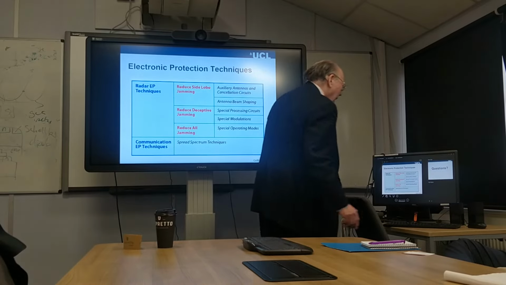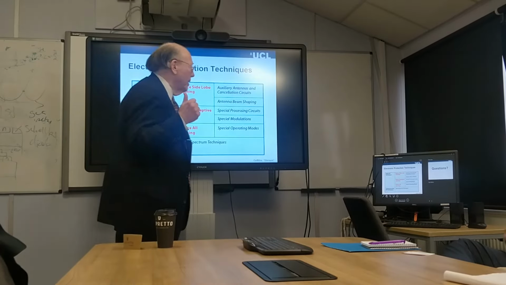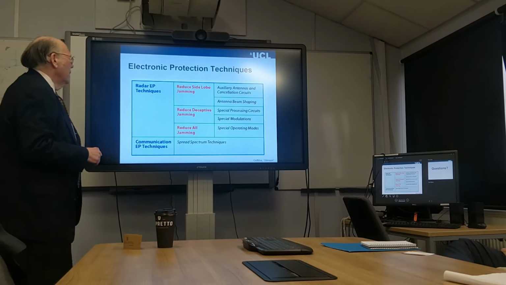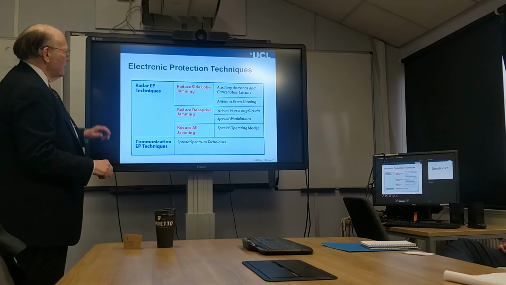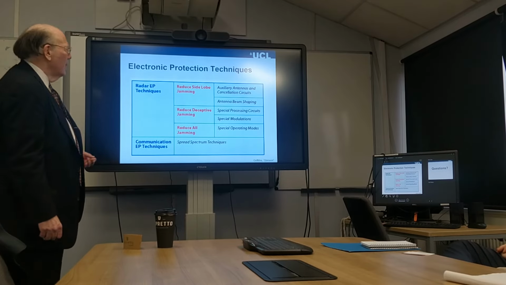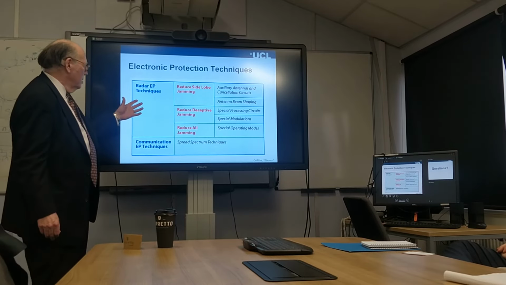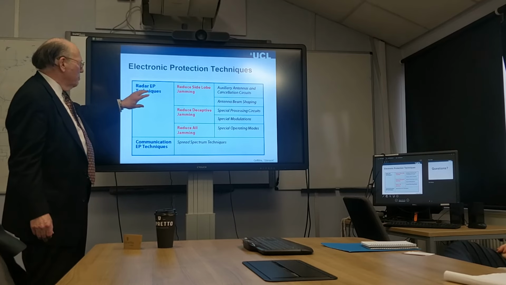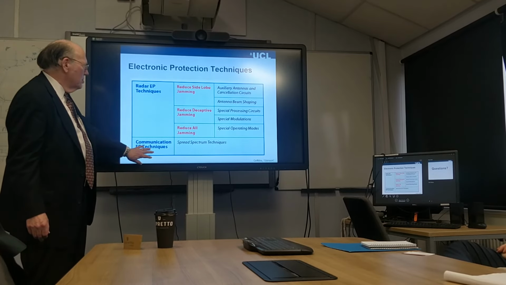Okay, the last thing I want to talk about just briefly is the idea of electronic protection. That's the third leg in the triad of electronic warfare. So electronic protection is applied to both radar and communications.